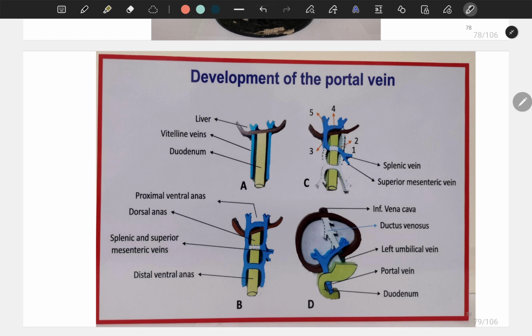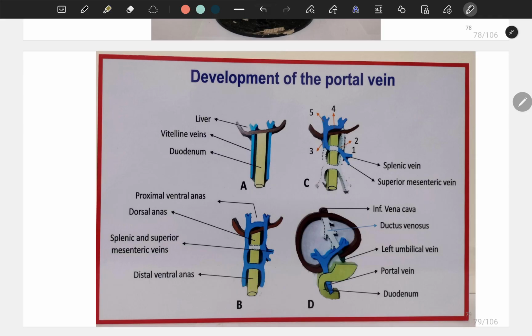Okay. So the portal vein development is called as what? Infrahepatic. Develop from infrahepatic vitelline vein.